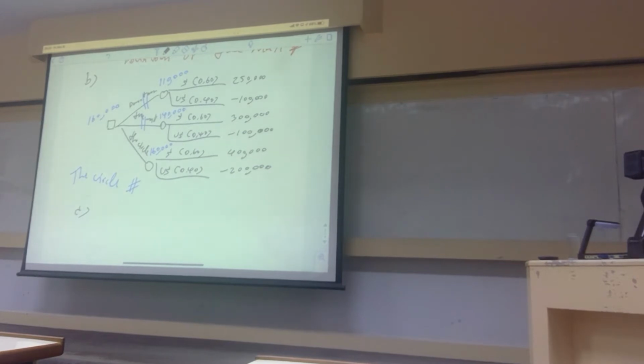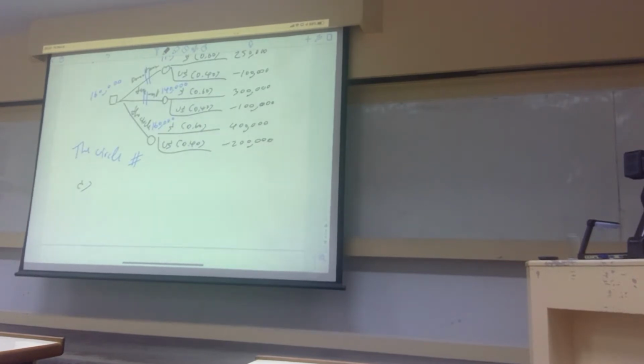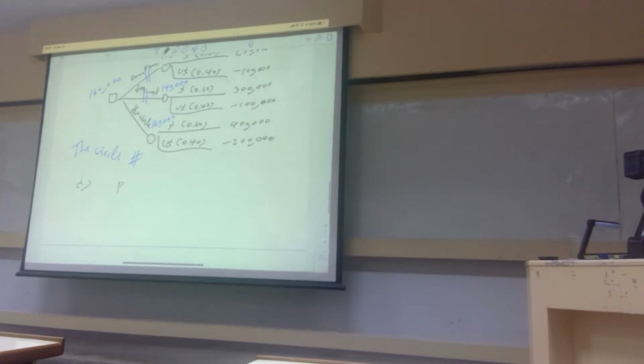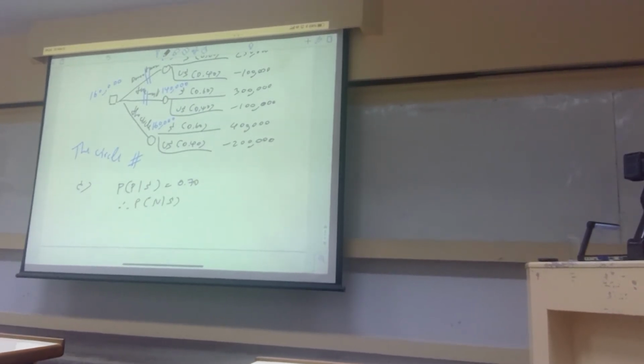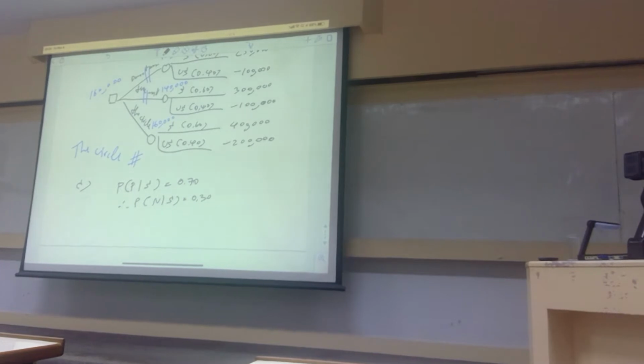So in this case, we have the probability of a positive result given success, 0.7. So the probability of negative given success is 0.3.